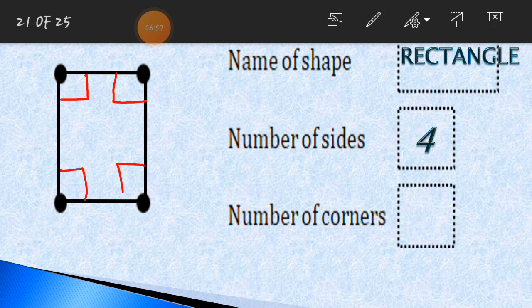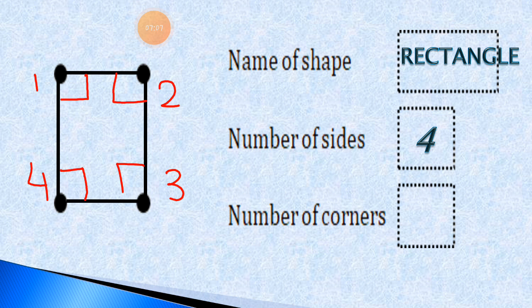I'll give numbering to them. Here is corner 1, corner 2, corner 3, and here is corner 4. So the rectangle has a total of 4 corners. There are 4 corners in the rectangle shape.